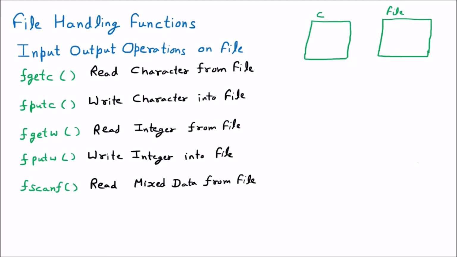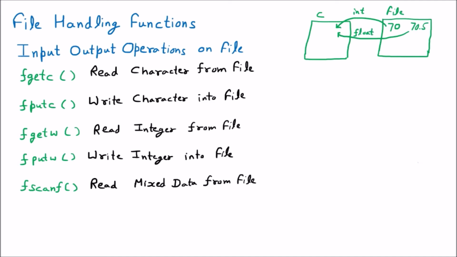Let us suppose that inside the file we are having the marks of some student. Let us suppose 70, which is the integer value, and we are having the average also. Let us suppose 70.5, that is the average. So these both things I want to take inside the program. One is the integer and one is the float.